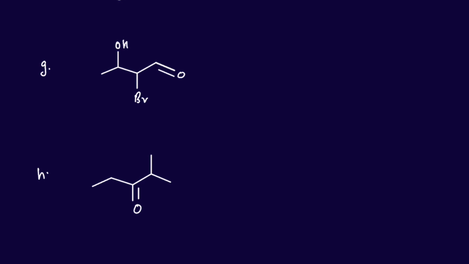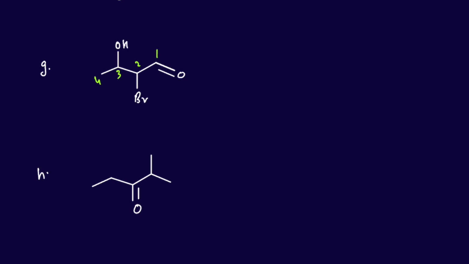And based on the priority, aldehyde gets a higher priority than your alcohols. So I want to make sure I treat aldehyde as a functional group and I treat OH as your substituent in this case. So when I'm numbering this out, I will call this 1, 2, 3, and 4.